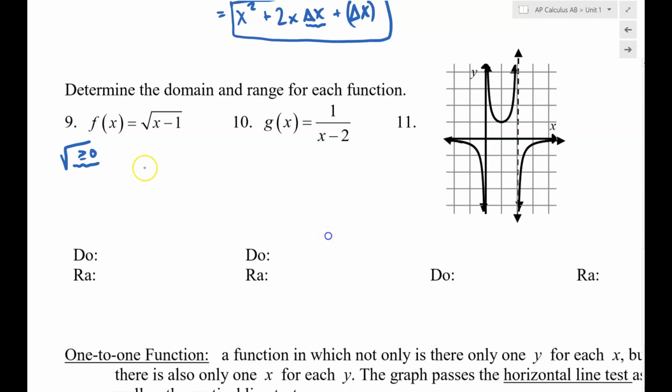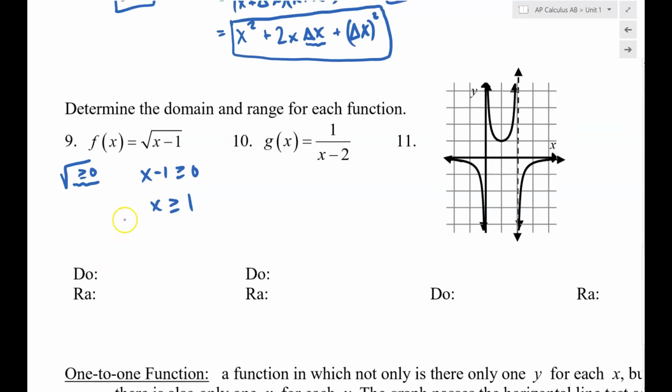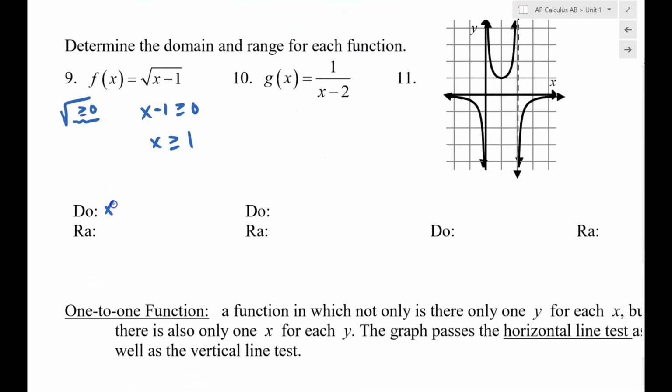So I'm going to take my radicand, x minus 1, set it greater than or equal to 0, and solve. Okay, x has to be greater than or equal to positive 1. So that is my domain: x is greater than or equal to 1. Written as interval notation, it would be 1 to positive infinity.